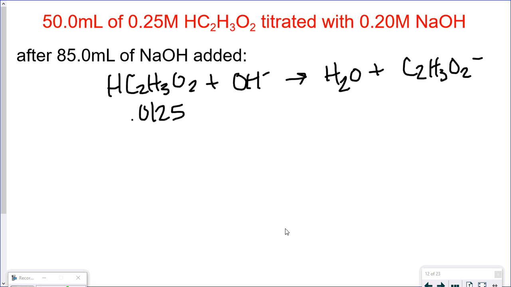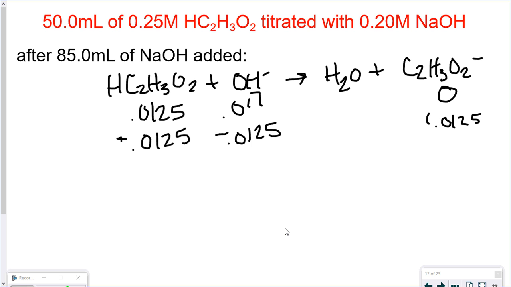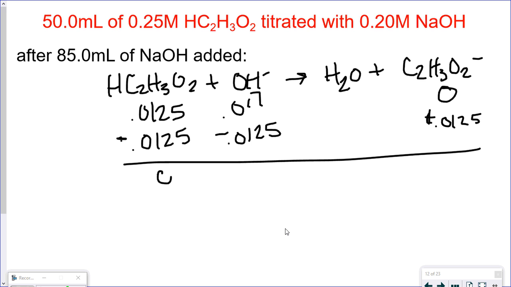When we subtract, the smaller value is the one for the acid. That should be a plus sign. There we go.